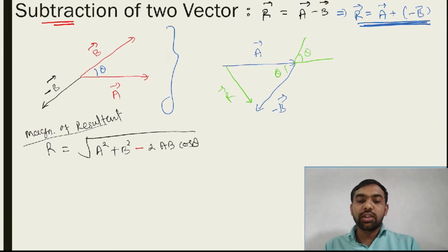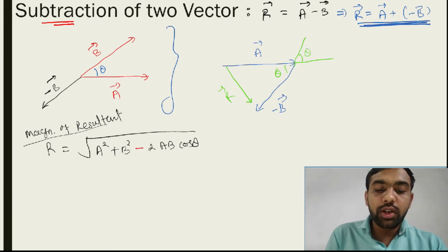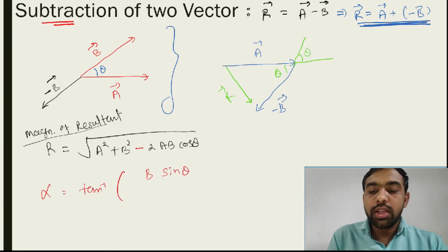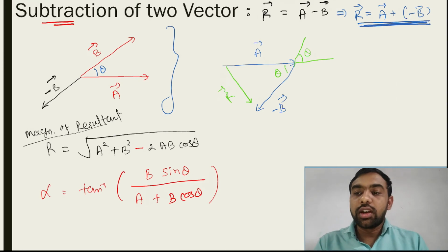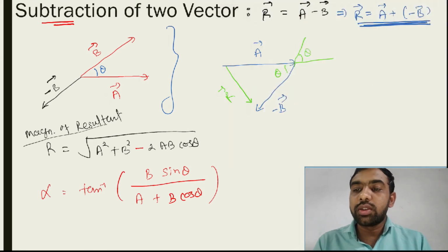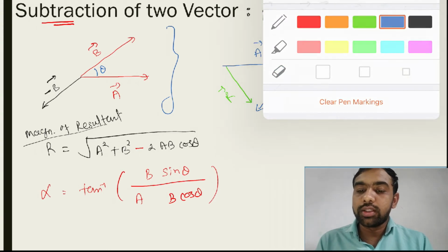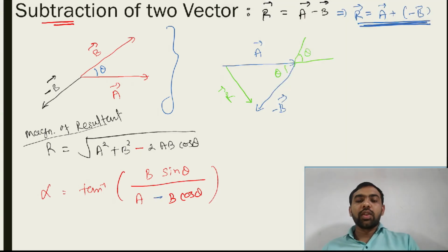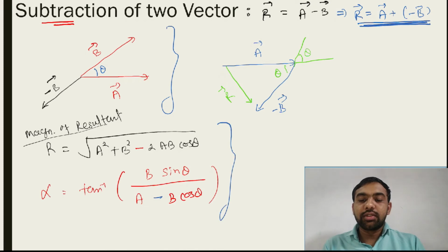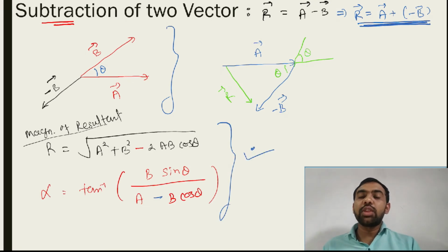And for the angle, tan alpha, alpha is equal to tan inverse of B sin theta upon A plus B cos theta, as we derived. Again you replace the positive sign with the negative sign and you get this answer. So when you want the subtraction of two vectors, you use this method.